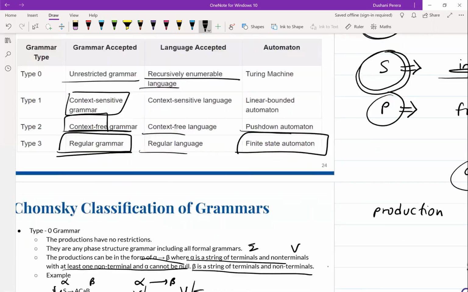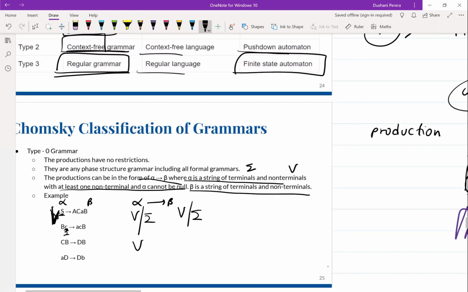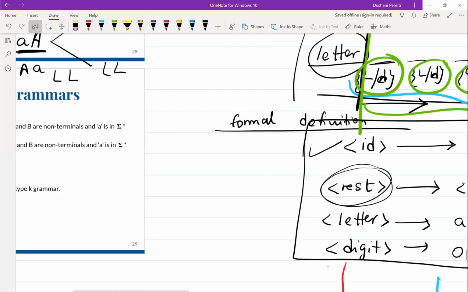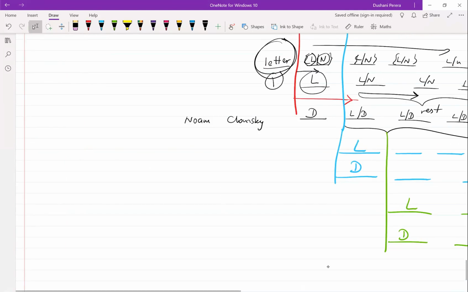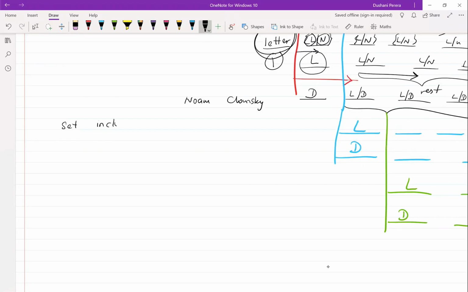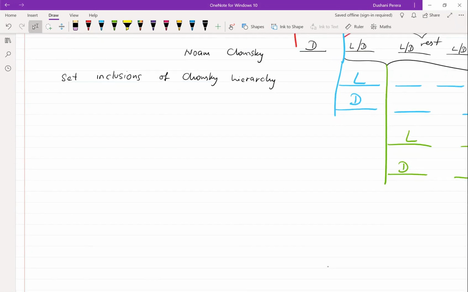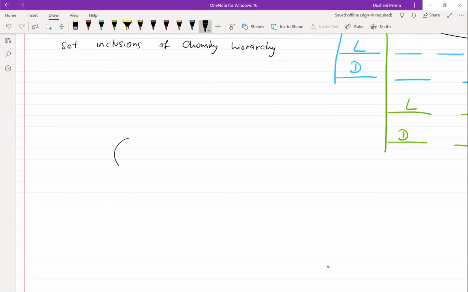Okay, so if we represent this in a sort of diagram, if we come up with a set inclusion of the Chomsky hierarchy, the smallest one is going to be regular grammars, the type 3.